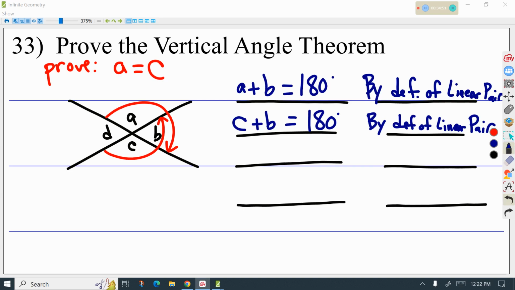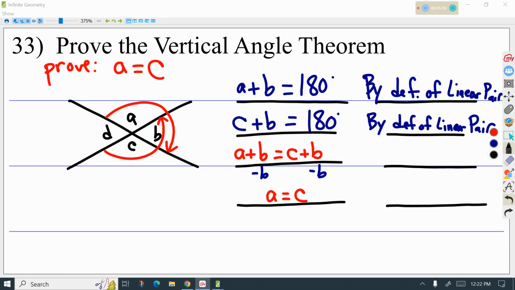So we should notice that both of these things are equal to 180. That means they must be equal to each other. So we have A plus B equals C plus B. Then we can notice that there's a B on both sides of the equation, so I can subtract B from both sides. And if I take away B from both sides, we're left with A equals C.